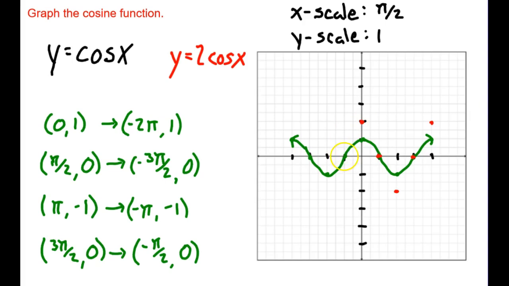Same process going to the left. Negative pi over 2, we'd be at 0. Negative pi, we'd be down to negative 2. Negative 3 pi over 2, 0. And a value of negative 2 pi would be 2. Then you would construct a smooth curve going through all those points, and you have the graph for y equals 2 times the cosine of x.